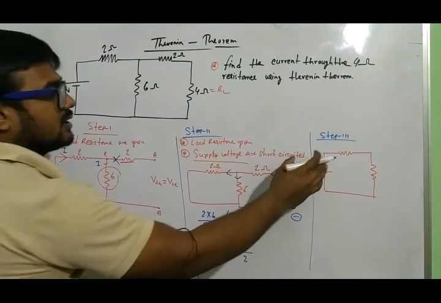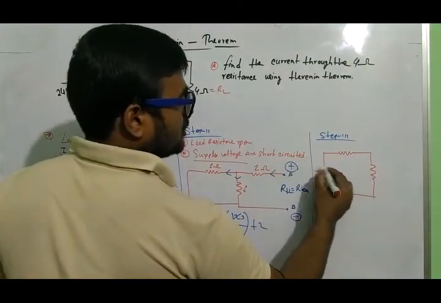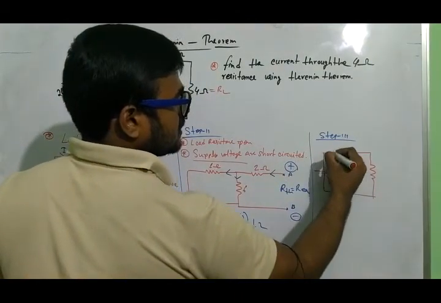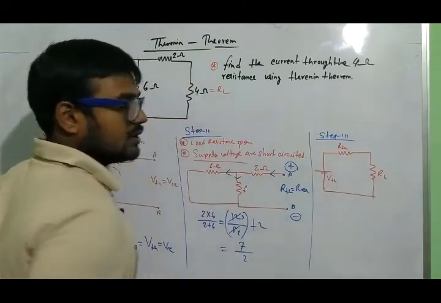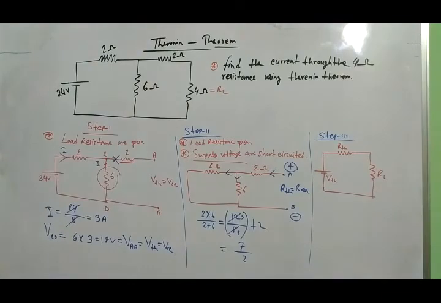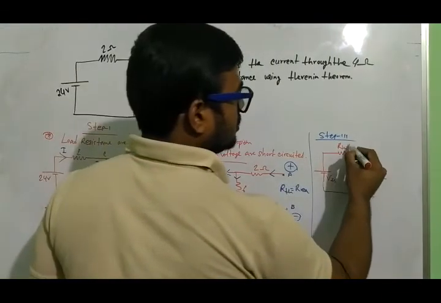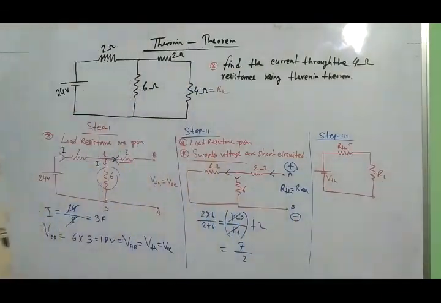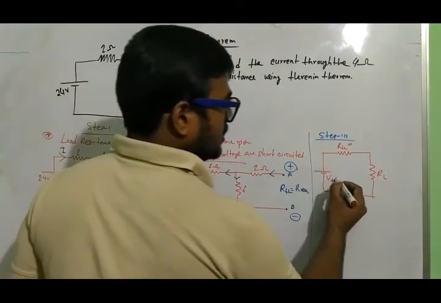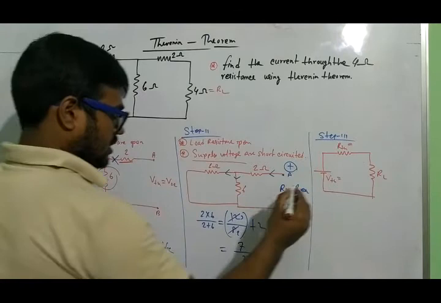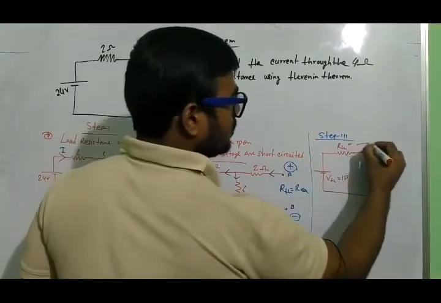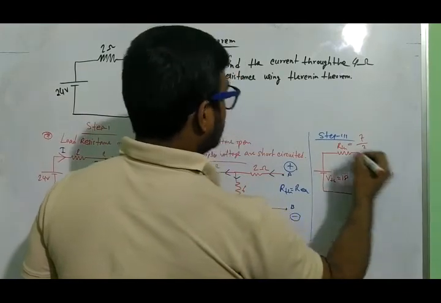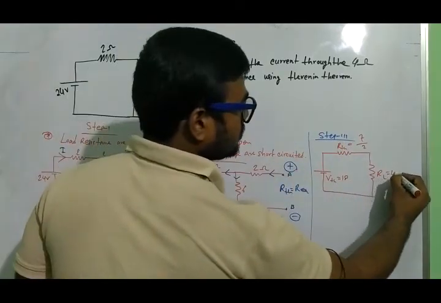The value of this voltage is VTH, this resistance is RTH, and this resistance is RL. We know every element value: VTH is 18, RTH is 7 by 2, and RL is 4 ohm.